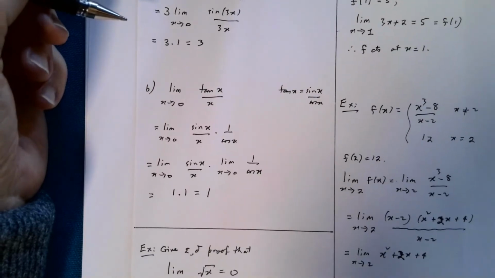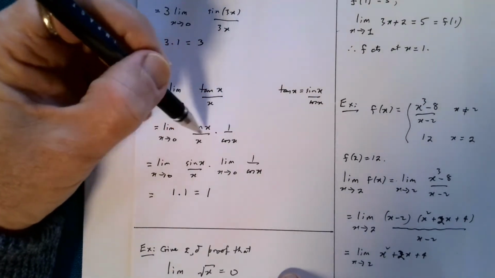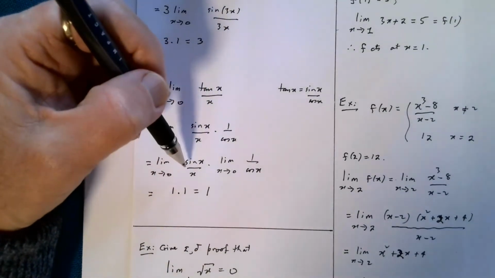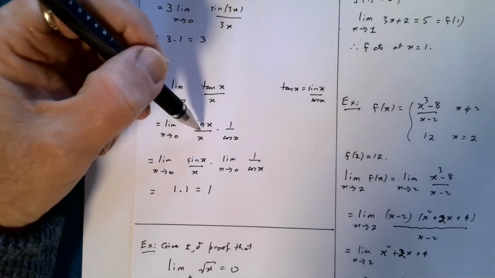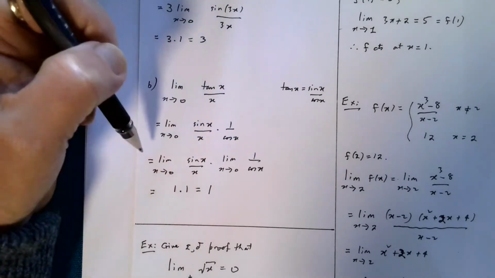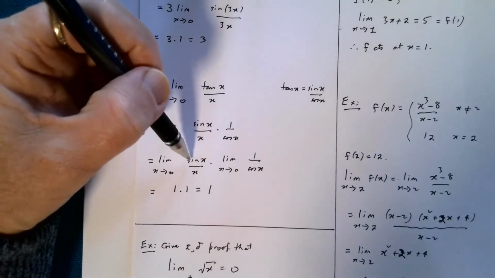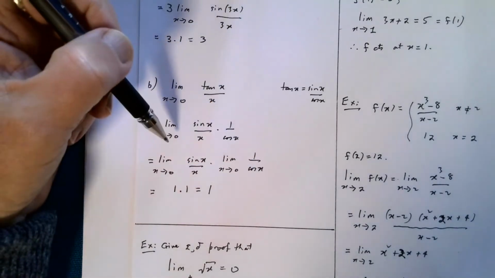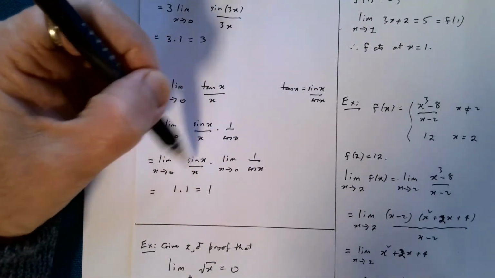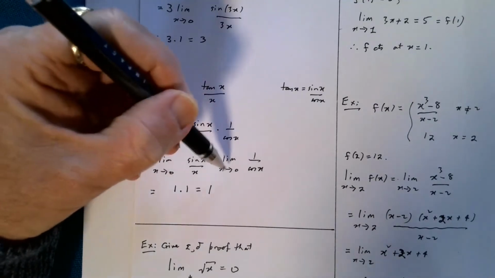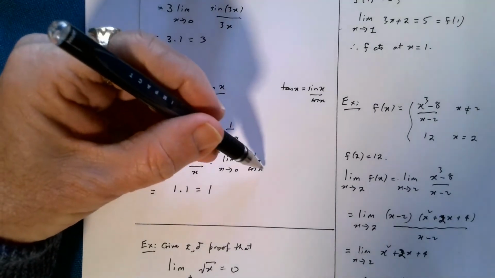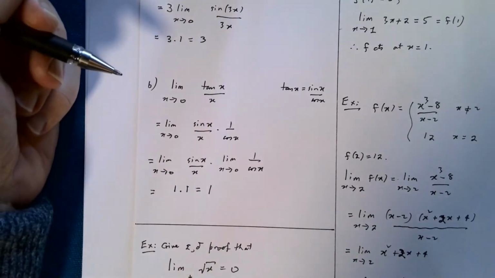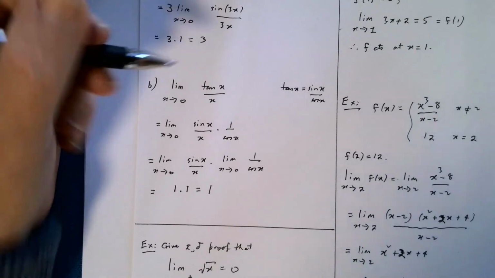The algebra of limits says the limit of the product of two functions is just the product of the limits. So I can use the algebra of limits to split this into 2 bits. So it's the limit as x goes to naught of sine x on x, times the limit as x goes to naught of 1 on cos x. And this limit we know is 1 because we just proved that. And as x goes to naught, cos of naught is 1, so this is going to 1, and 1 times 1 is 1. And so there is the limit.